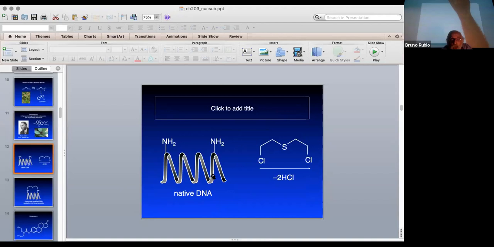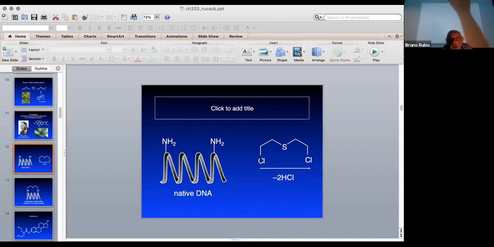where you have a coil of DNA, and you know, if you've studied DNA, you have these NH2 groups in the DNA. This molecule over here, I see a chlorine leaving group on a primary carbon. This is mustard gas. This is a chemical warfare agent.